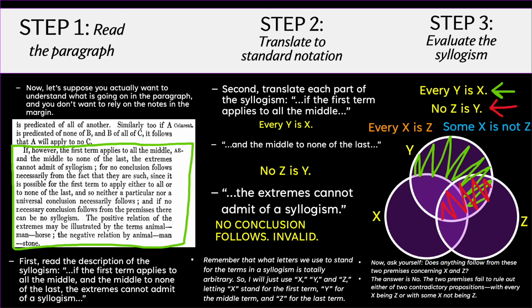Since this is a particular proposition, specifically a particular negative proposition, we're just going to draw a star symbolizing at least one thing which meets this proposition. So we're going to draw a star within the x circle and outside of the z circle. And this illustrates some x, that is at least one x, which is not a z. The star is a representative of that one individual that is not a z but is an x.